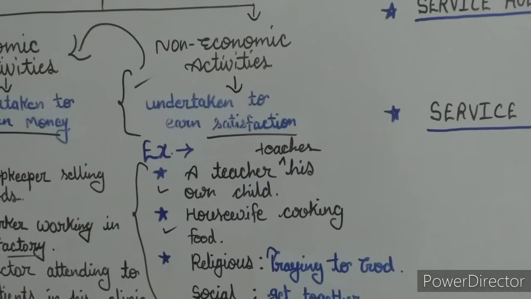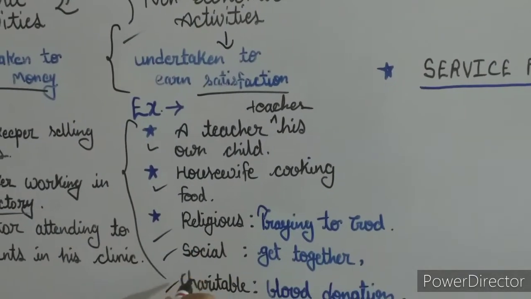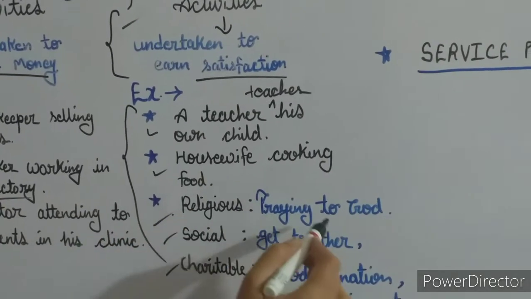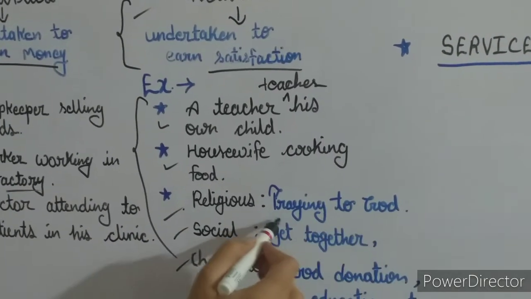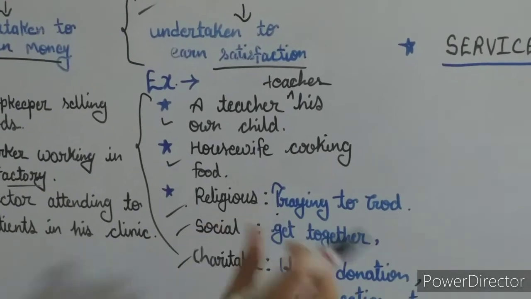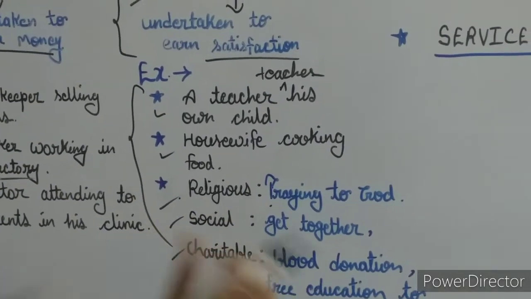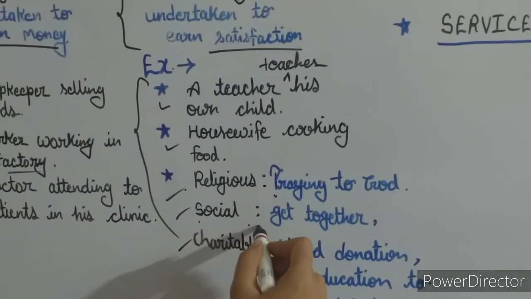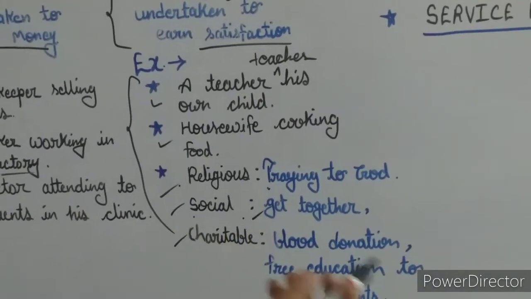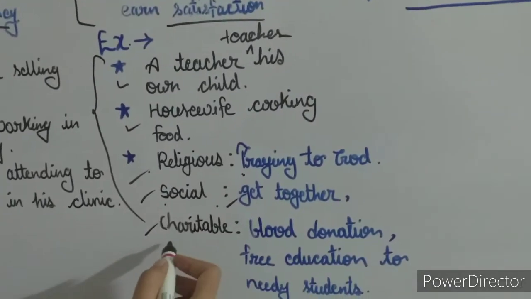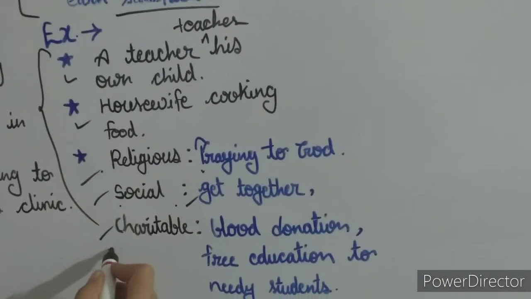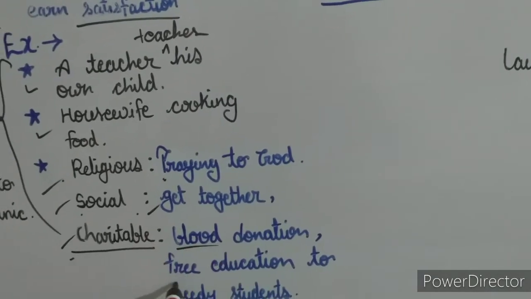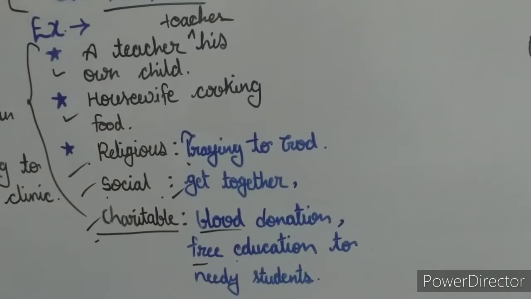Now some other examples, like religious activity, such as praying to God. Whenever we pray to God, its intention is not to earn money. Then some social activities like get-togethers or attending parties, and some charitable activities are also included, like blood donation and free education to needy students.